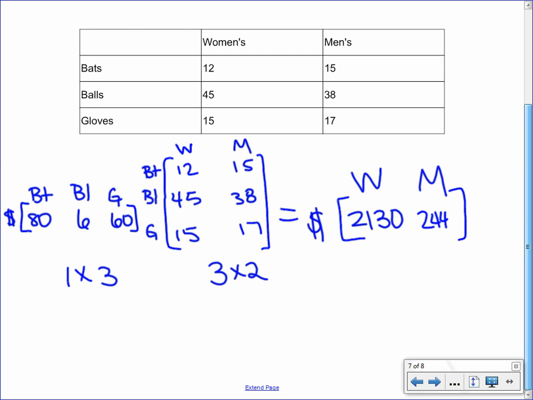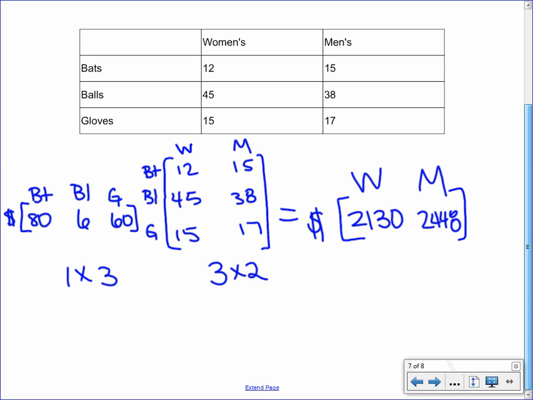Okay, so the women's team, it's going to cost them $2,130 to play. And the men, it's going to cost them $2,448 to play.